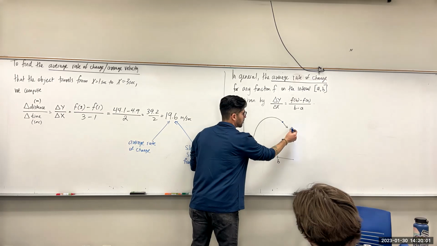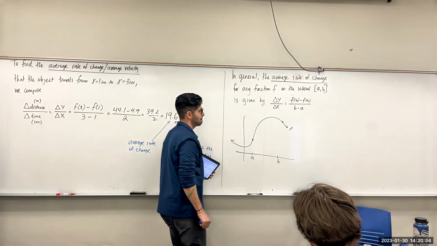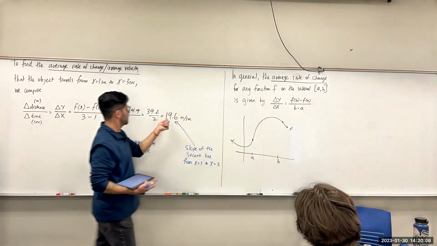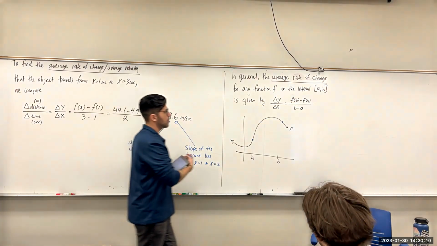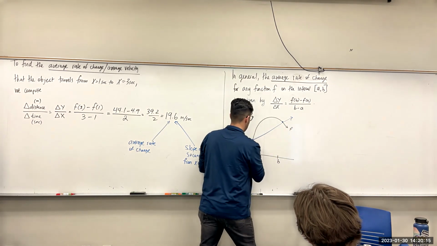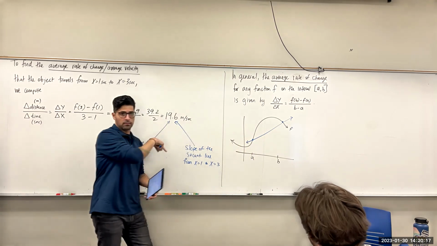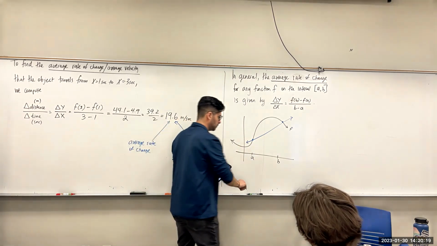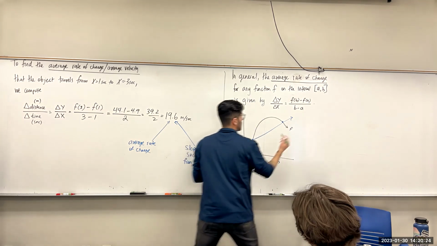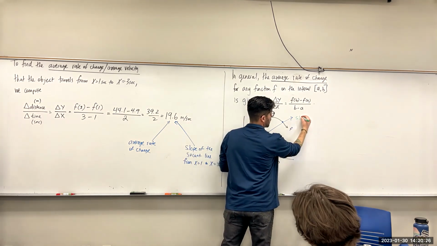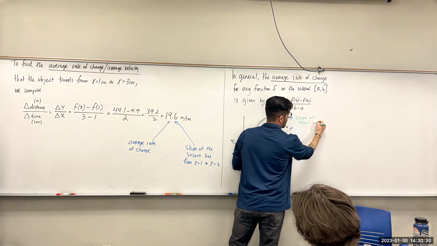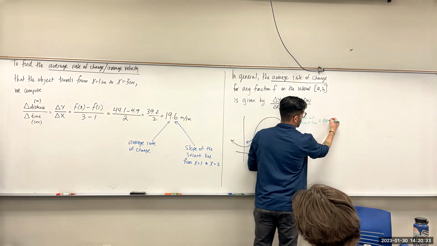This is the graph of f. And this rate of change that you get, just like this one, is going to equal the slope of the secant line connecting those 2 points. So this slope here of the secant line equals that average rate of change.